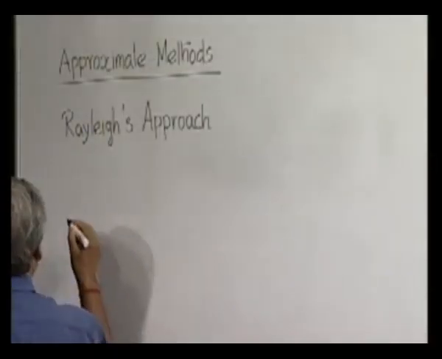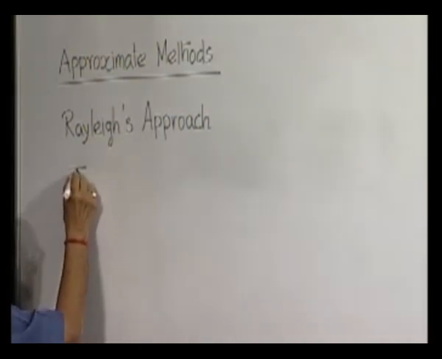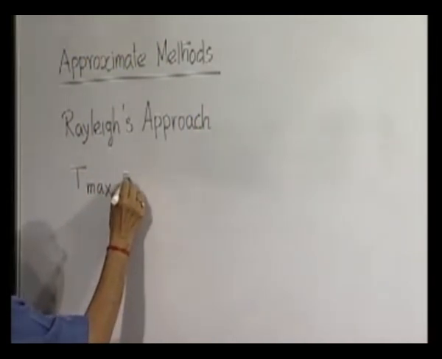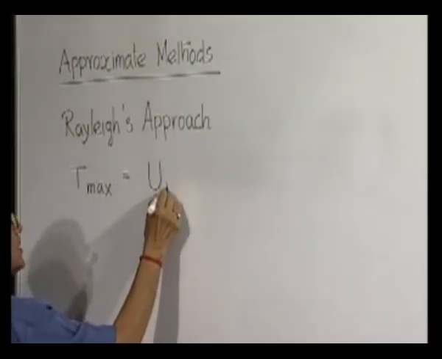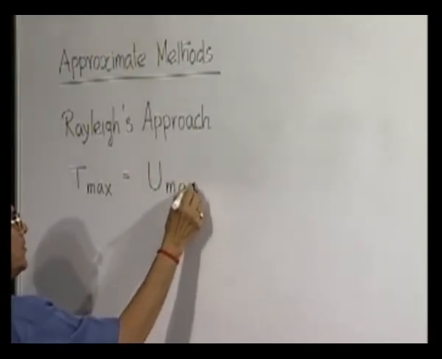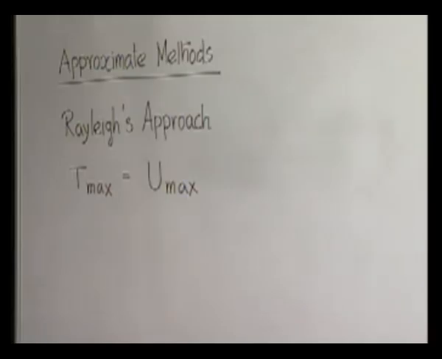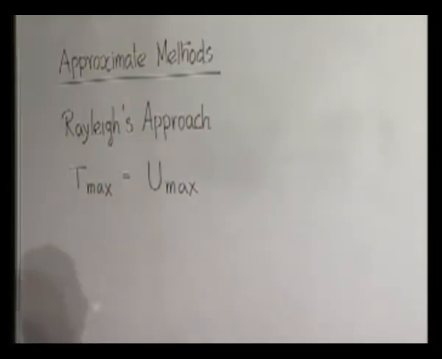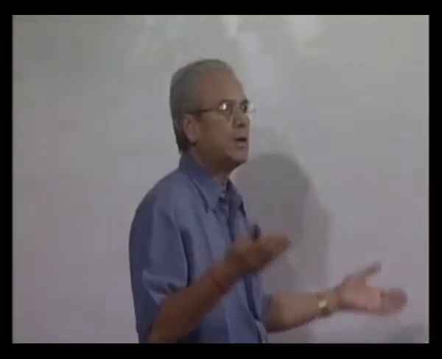So therefore, our approach had been: kinetic energy of the system at maximum value is equal to potential energy of the system at maximum. And to find out this kinetic energy and potential energy, we assume the shape of deformation or deflection.